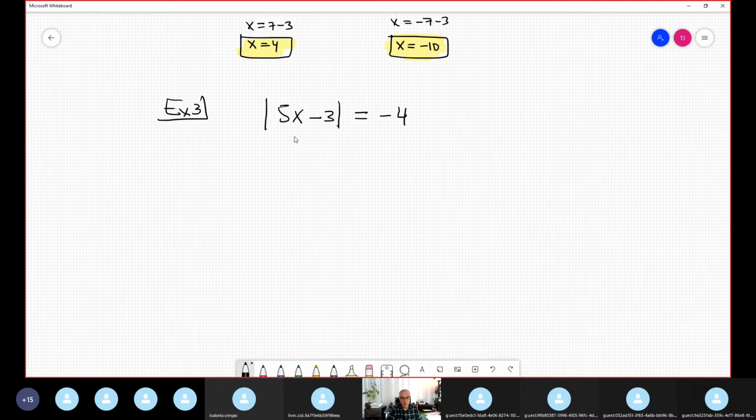No. Because conceptually, this is a contradiction. Why? Because I explained at the beginning that absolute value represents distance, and that distance is always a positive number. See, a positive number cannot equal a negative number. This is a contradiction. Therefore, this equation has no solution.